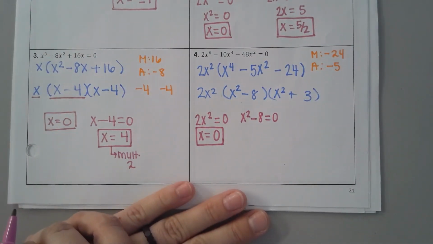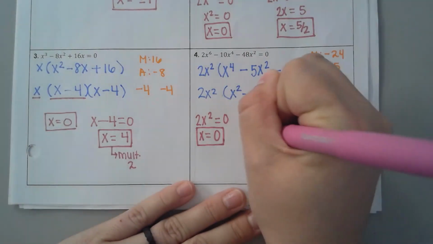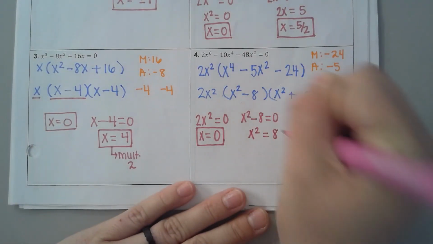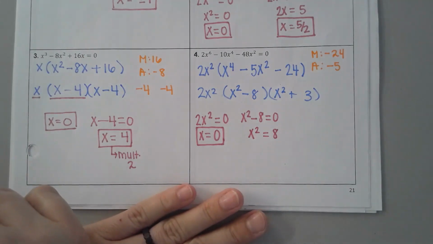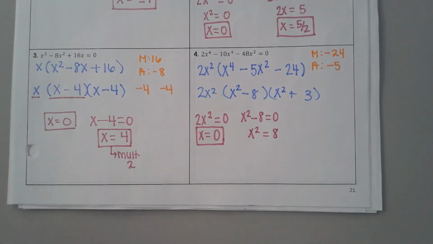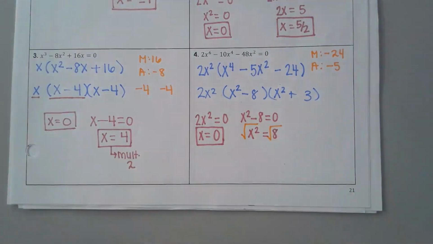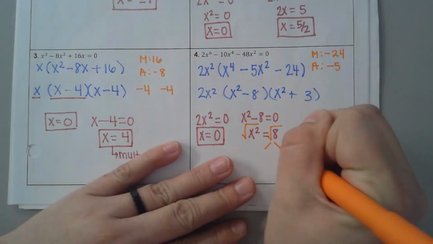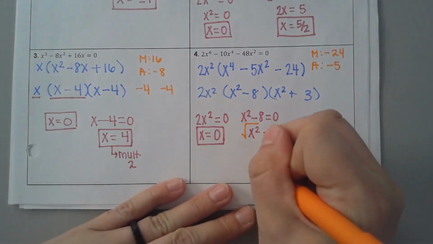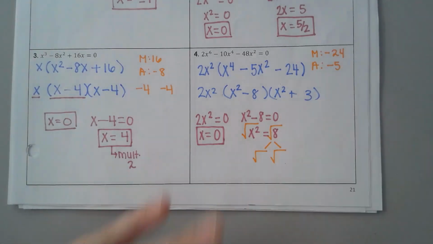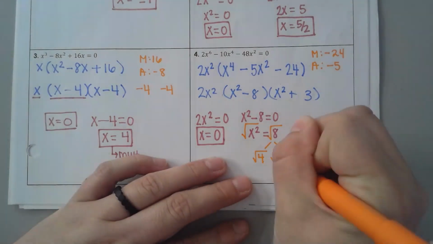Okay, so if I add 8, we have x squared equals 8. I've got to take the square root. But is that a perfect square? No. So we got to split it up. What is the largest perfect square that goes into 8? 4. 4 times 2 is 8.